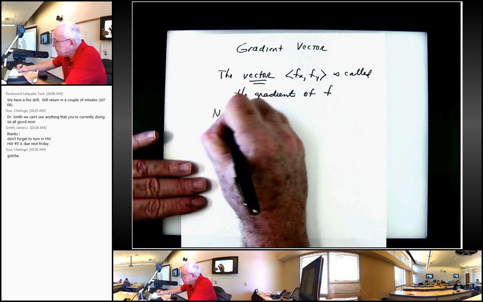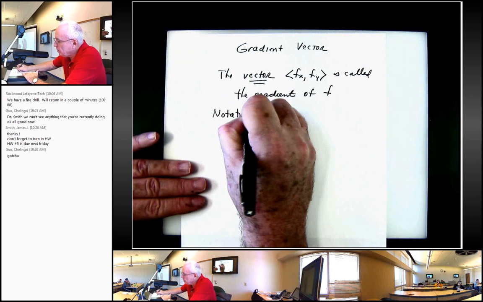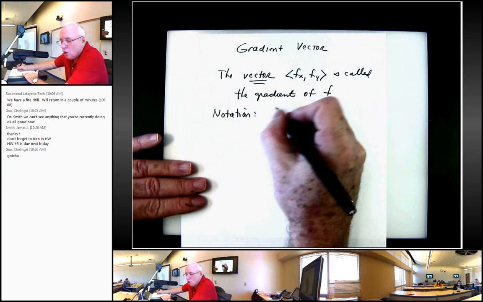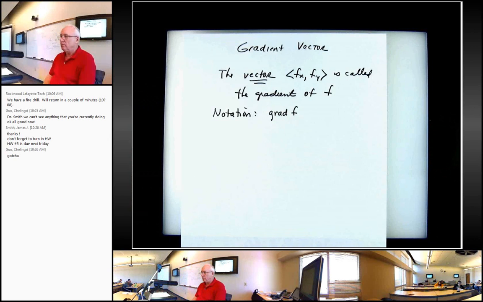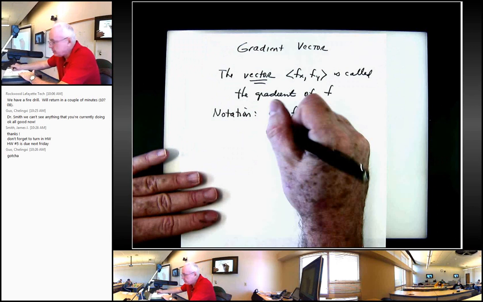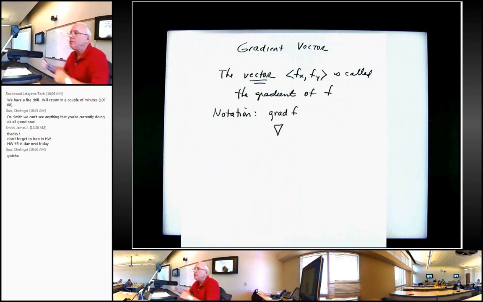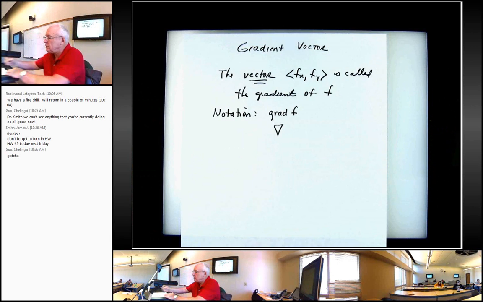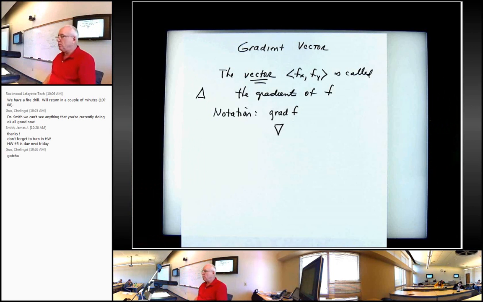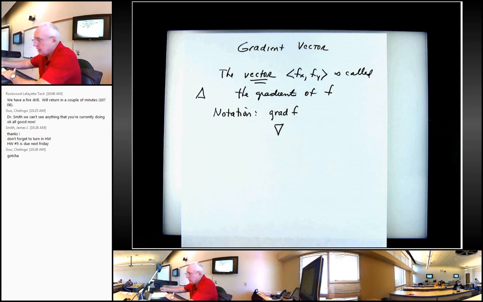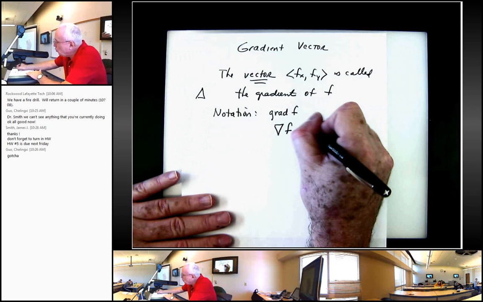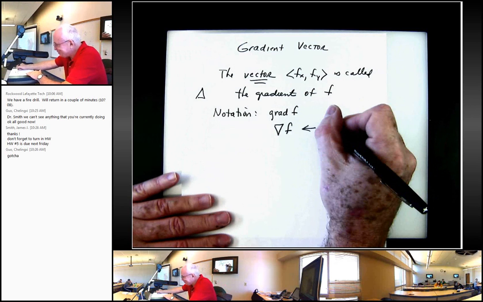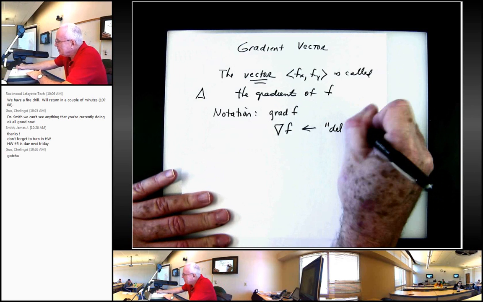Now, there's a couple different ways we can denote this. Let me put this as notation, a little bit of shorthand here. We can write grad f like this for shorthand, or what I'm going to do most frequently is use an upside down delta, because remember delta is normally like this, where the point is upward, and put the f right after it. We say this as follows: del f.